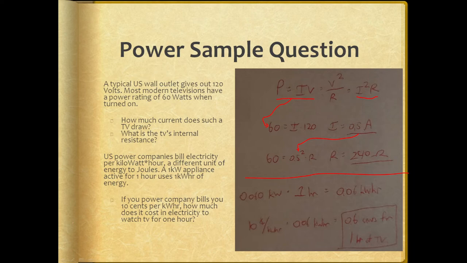So joules as a unit of energy measure the same thing as the new unit of kilowatt hours. 1 joule is not equal to 1 kilowatt hour, but they are both measurements of energy.